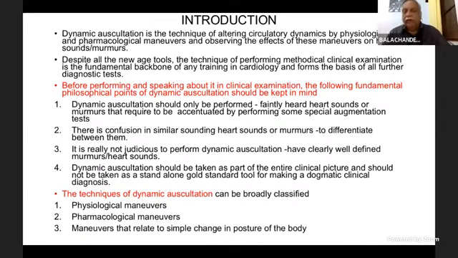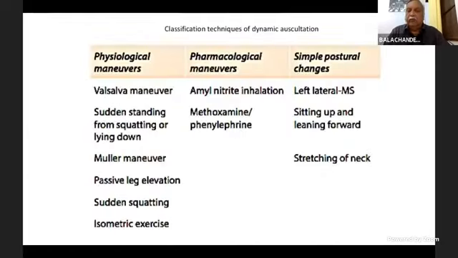So with these tips, the technique of dynamic auscultation has 3 maneuvers: physiological maneuvers, pharmacological maneuvers, and maneuvers that relate to a simple change in the posture of the body. This is a simple slide which tells you the 3 maneuvers. It's not a complete list, but the physiological maneuvers are the Valsalva maneuver, sudden standing from squatting or lying down.